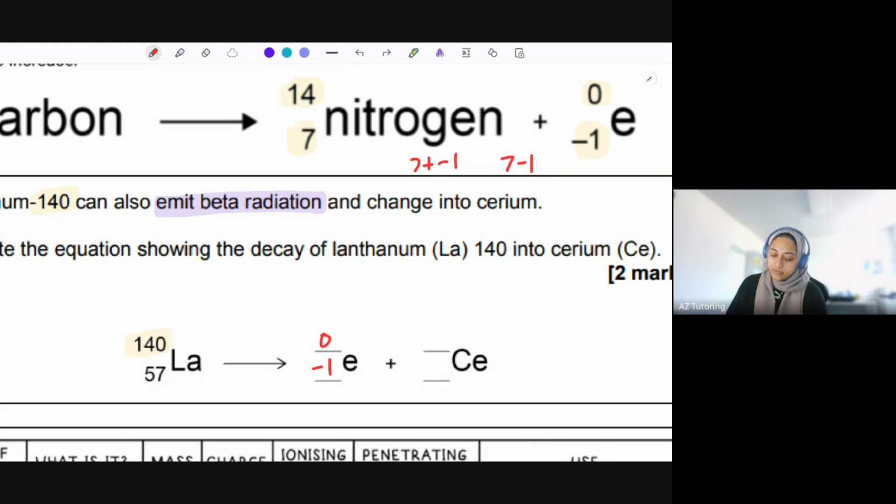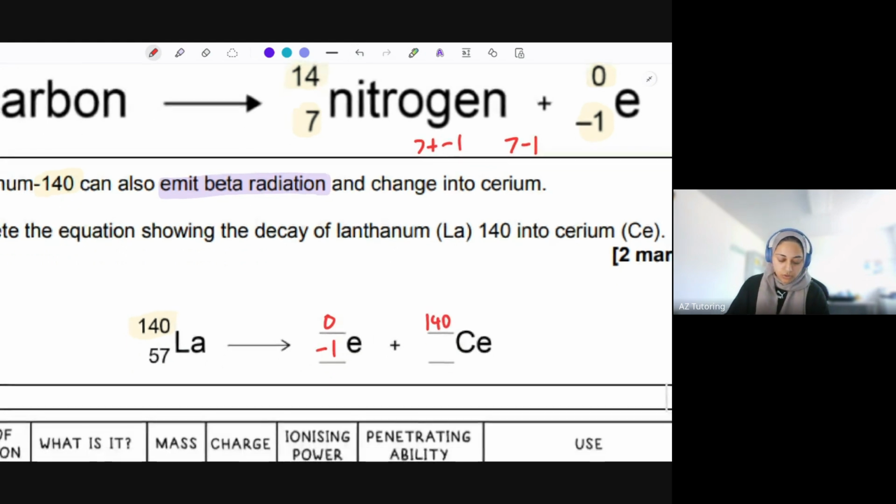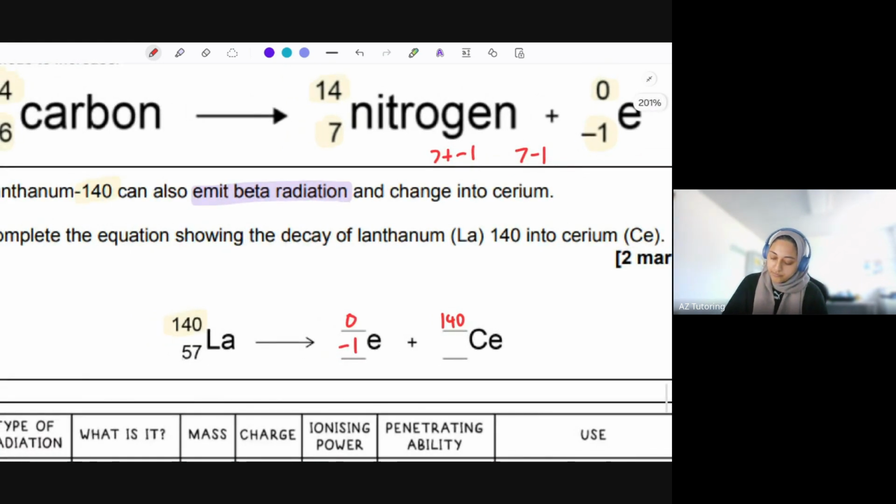So let's start off at the top. Something plus 0 gives me 140. Well, that just stays 140. And over here, we've got 57. Now we've got -1 plus something gives me 57, and that's 56. Because 56, let me try that properly.